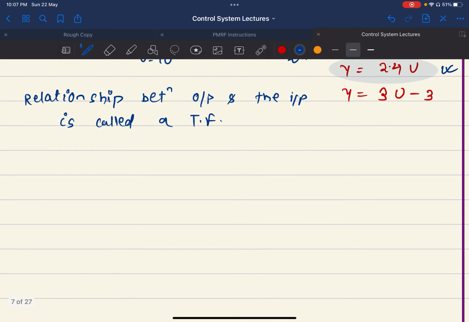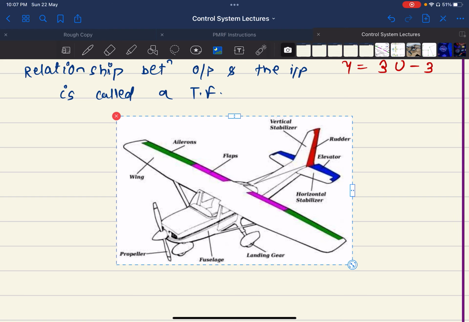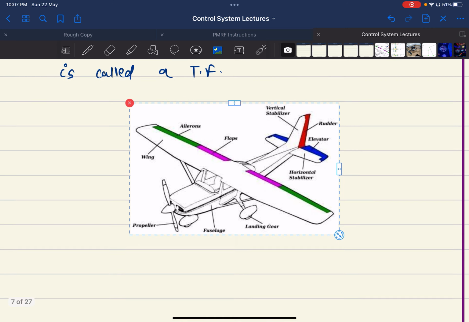Beg my pardon. As a control engineer, let's take a classical example from an aerospace point of view. This is a simple aeroplane, a classical fixed wing aeroplane. Fixed wing because the wings are fixed.